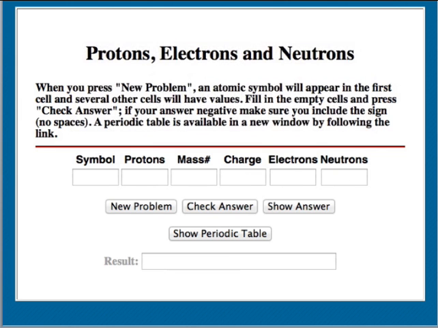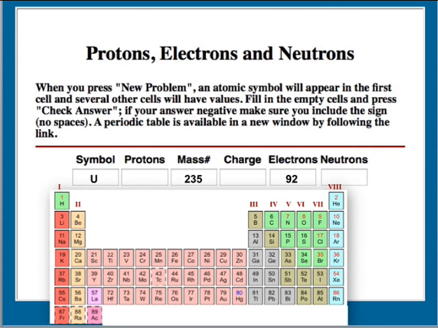Let's do one more. Everybody's friend, uranium-235. This is what you use to build a fission bomb. So you look at the periodic table here. Anybody see uranium?